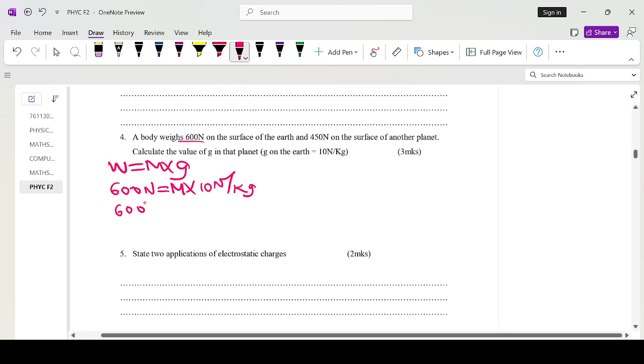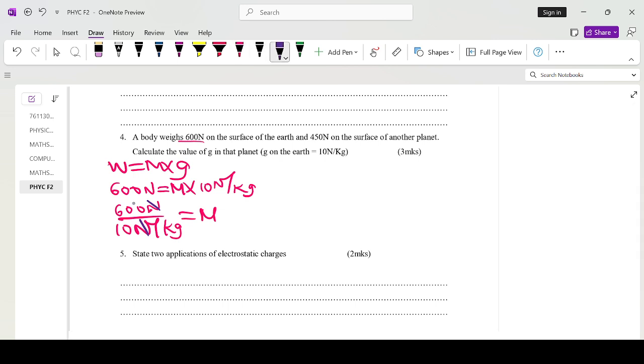So when you do that division, 600 newtons divided by 10 newtons per kilogram to give you your mass, you'll realize the newton and the newton cancel out, and the 0 and the 0 cancel out.